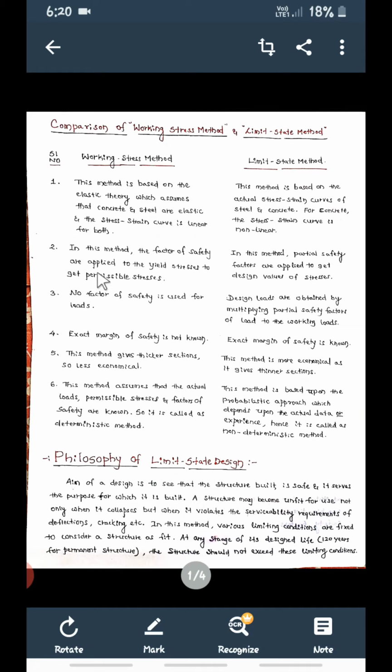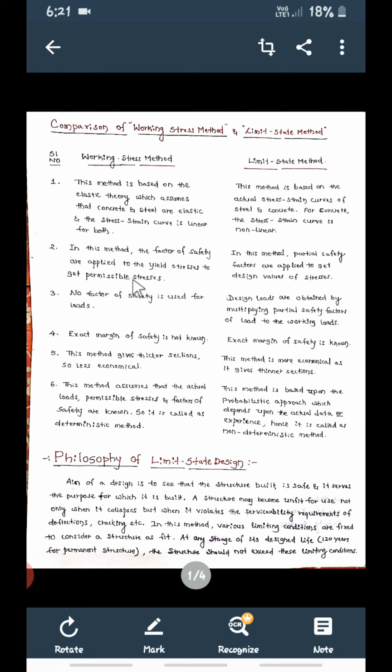In the second point, in the working stress method, the factor of safety is applied to the yield stresses to get the permissible stresses, not at the final stress. Permissible means allowed, so this much stress is allowed.